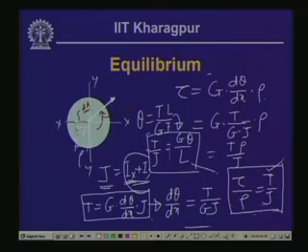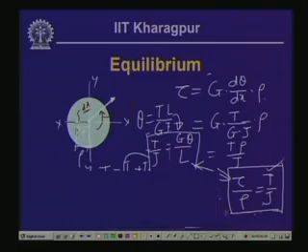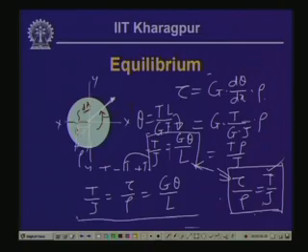Combining these, we can write the expression which we call the torsion formula: T by J is equal to tau by rho is equal to G theta by L. This torsion formula relates the shear stress with the twisting moment and also the angle of twist over the length of the member.